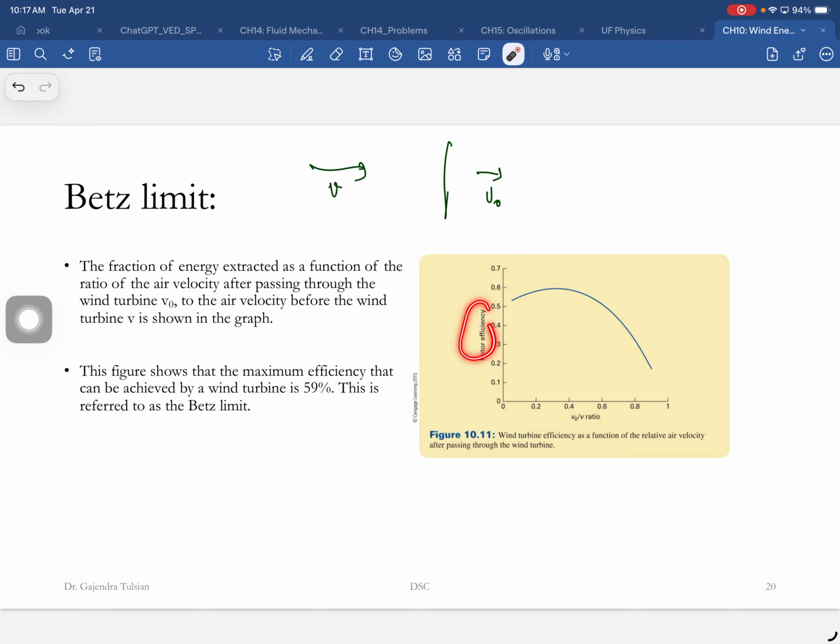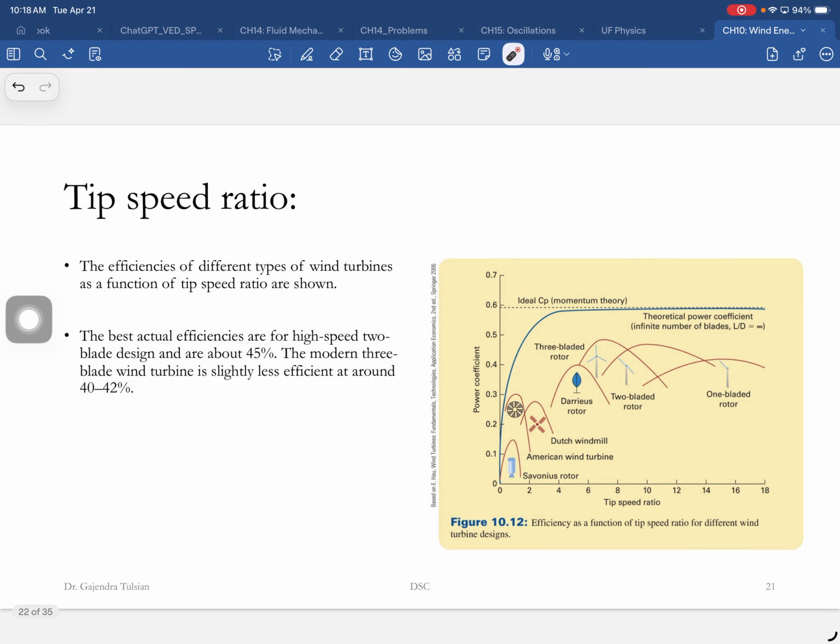The efficiency is highest at 59%, and that's the Betz limit. The speed is about 40% of the initial speed. The figure shows that the maximum efficiency that can be achieved in a wind turbine is 59%. This is referred to as the Betz limit. So you've extracted 59% of the energy, that's the upper limit.